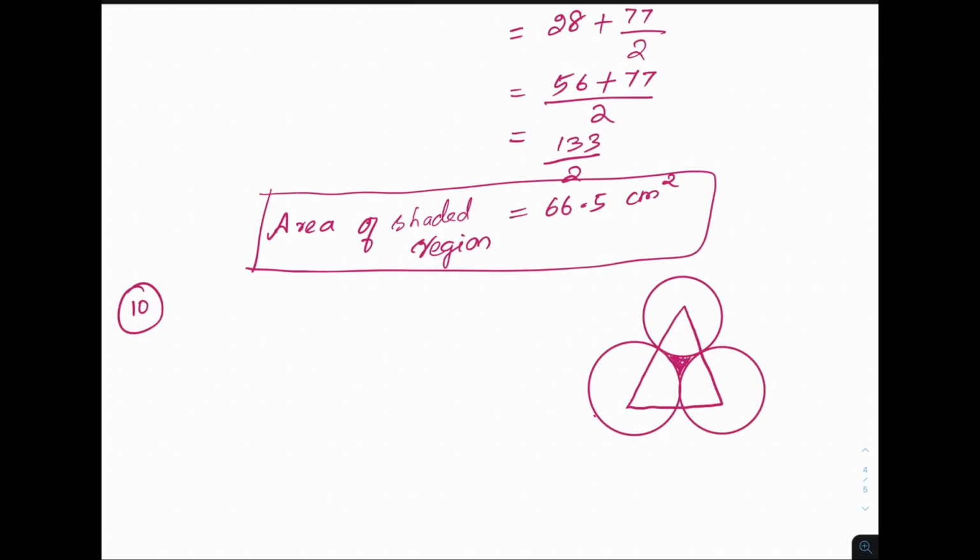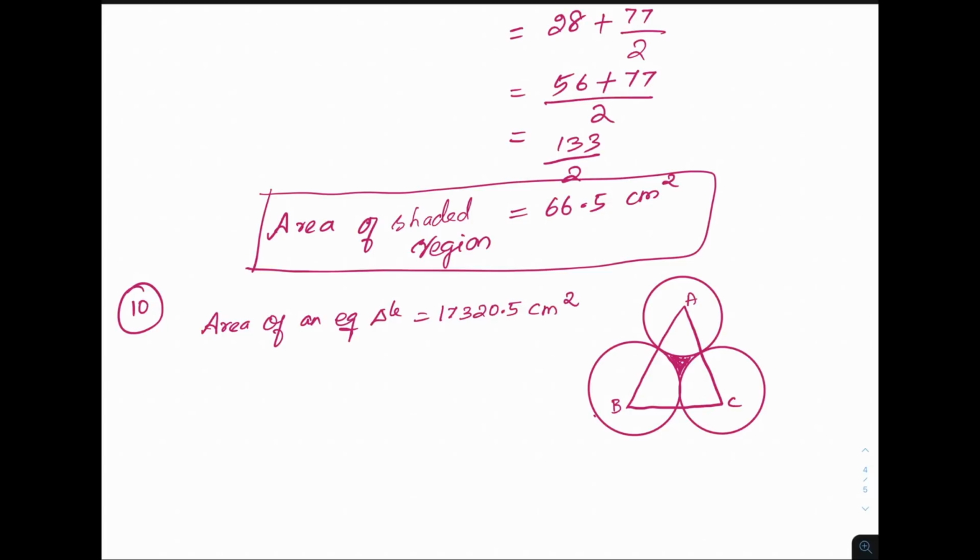So what is given here? This is equilateral triangle ABC. In an equilateral triangle, we know all sides are equal. What is given here is the area of the equilateral triangle: 17,320.5 centimeter square.